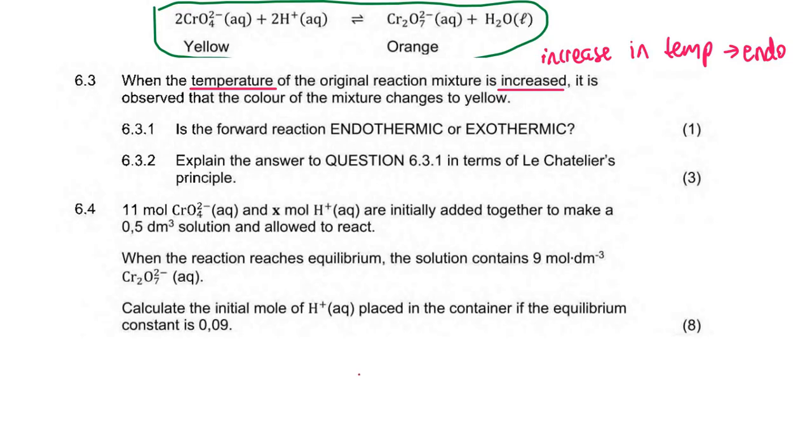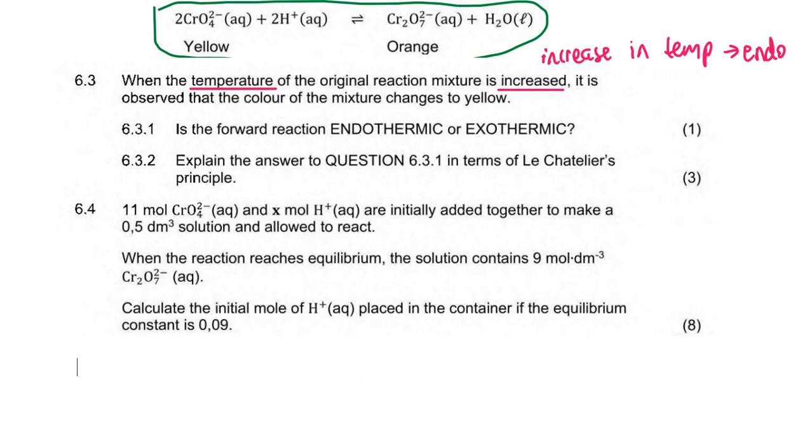I remember we used to use the acronym INTEND. Increase in temperature favors the endothermic reaction. INTEND. So that's what we must know, that endo, remember, it's cold. Exo, it's hot.